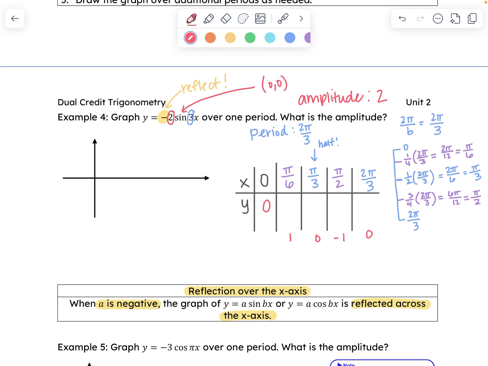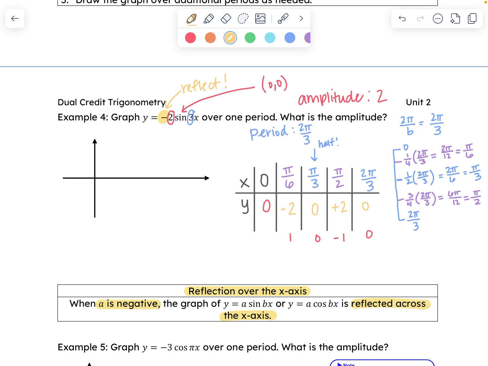But we've got an amplitude of 2, and we've got a reflection. So instead of going up to 1, I'm going to have a negative for the reflection. And then since the amplitude is 2, it's going to be a -2. The 0 is still going to be 0. That -1 now is going to be positive because of the reflection, and 2 because of the amplitude, and then that's still just going to be 0. So I've got everything I need.